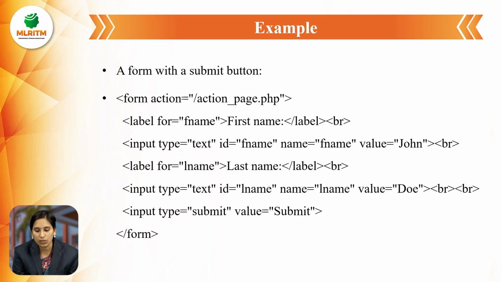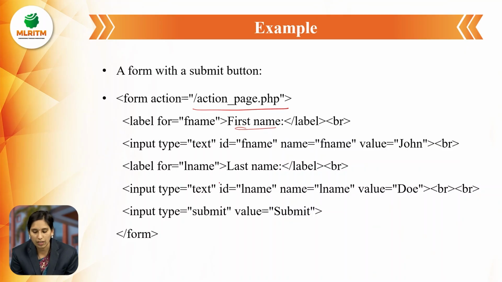Form action equals action page dot php. Here the action will be performed: whenever you submit this form, it goes to action page dot php. Label for first name, and the input type equals text, the same as in the previous example we discussed.